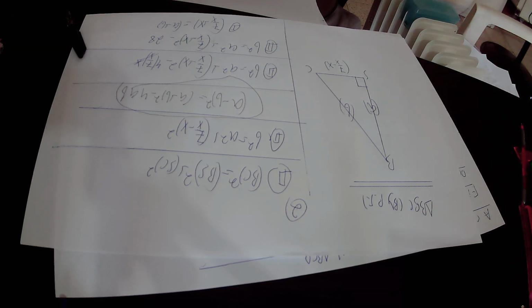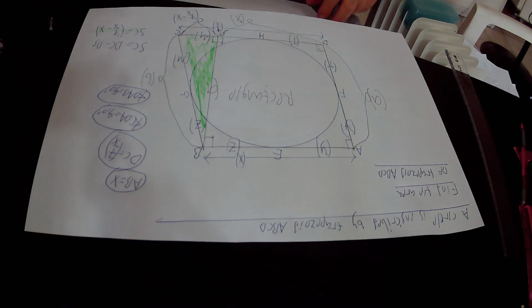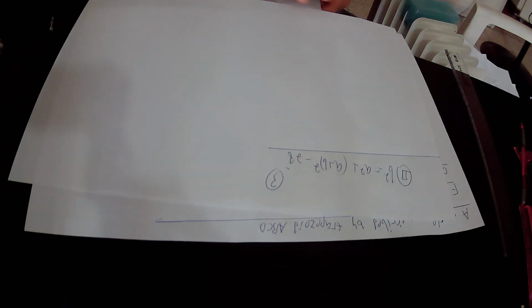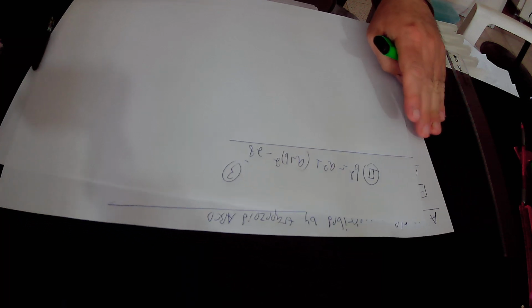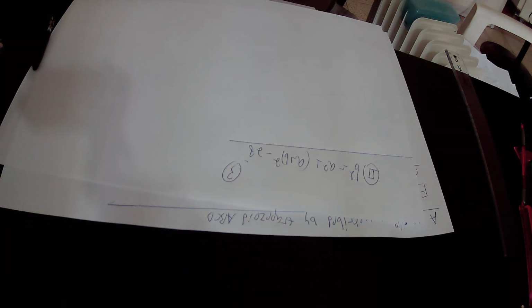So we found out that according to equation 2, B squared equals A squared plus (A plus B) squared minus 28.